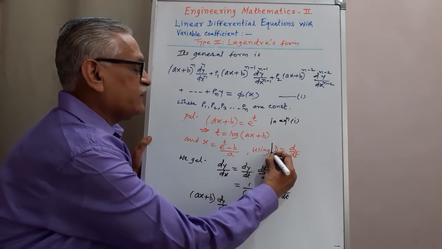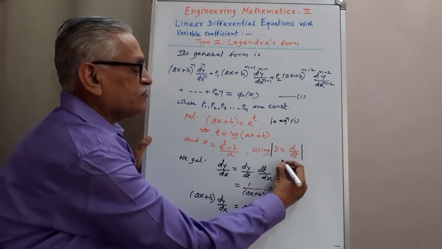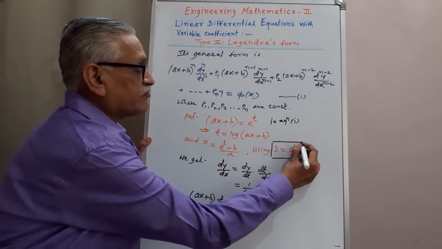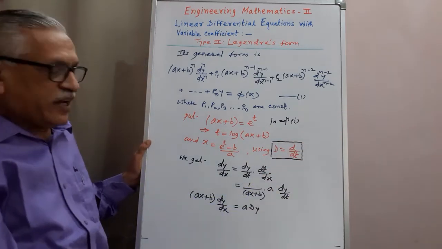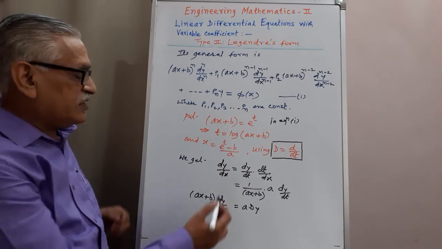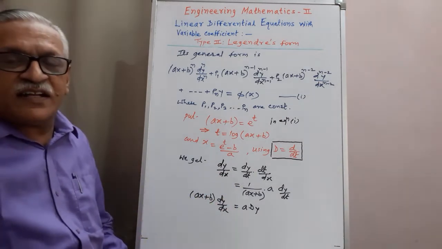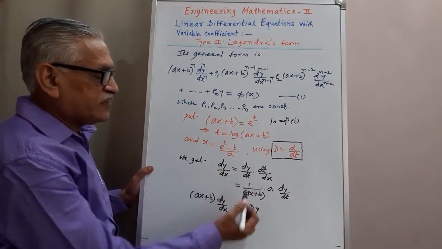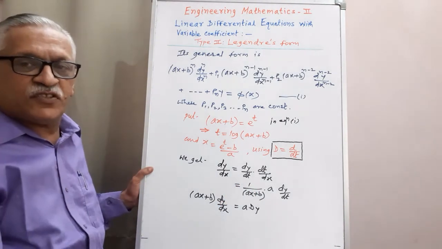Using capital D for the operator of the derivative d/dt, we rewrite dy/dx as dy/dt into dt/dx, as it is a function of a function, applying the chain rule.